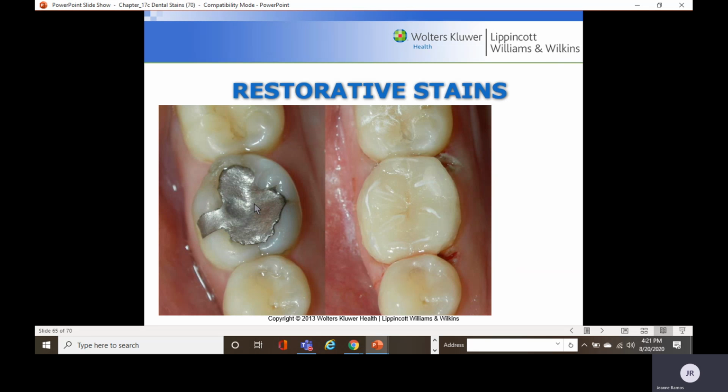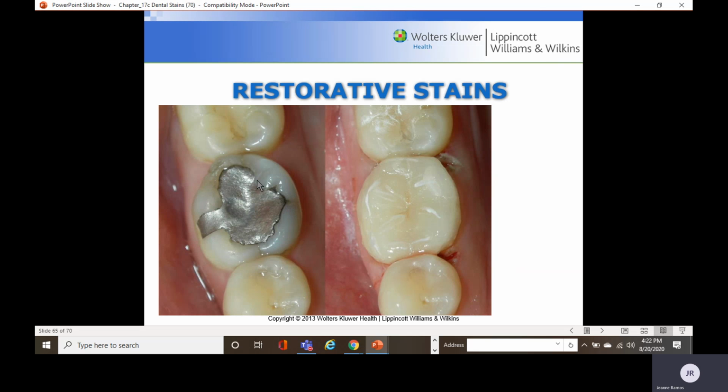And some people still have silver amalgams that are 30, 40 years old. When they get that old, they begin to pull away a little bit from the tooth. And then bacteria, stain, food get down in there, and it will stain around the margins of the tooth.